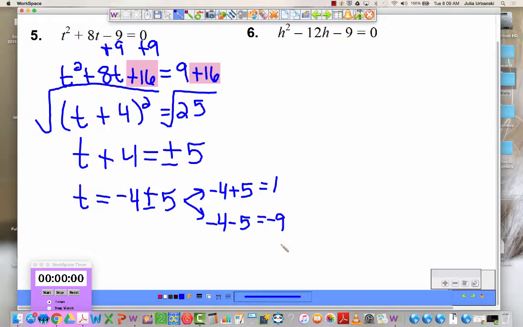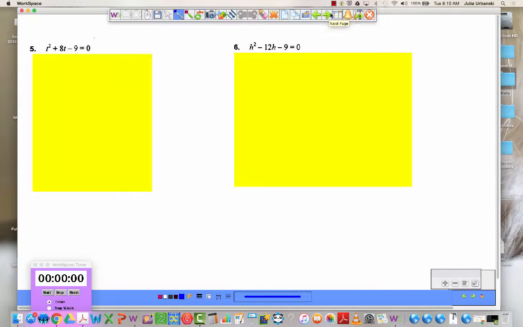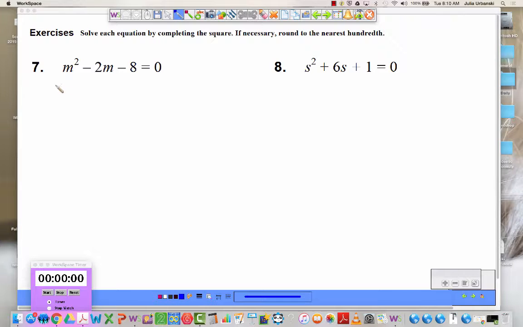Alright, let's try number 7, where you guys kind of help me out to do the problem. What's the first thing I should do? Yes. Move that 8 over. We only want variables on the left and we want non-variables on the right.